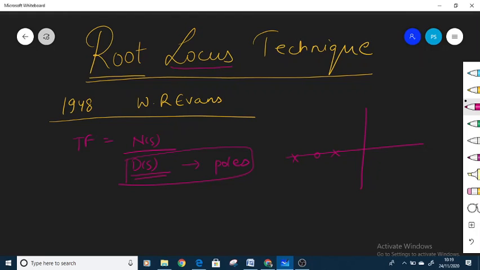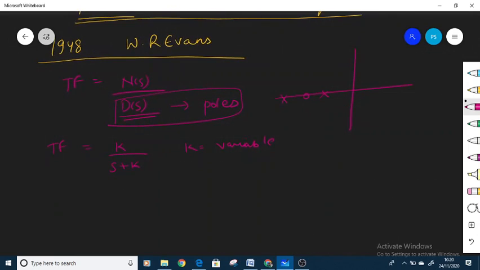So suppose, for example, you have got a transfer function which is represented like k upon s plus k, where this k is actually a variable. So this k I am taking as a variable. Then as we vary the value of k, suppose first of all k is equal to 0, then you can see here the pole is actually s is equal to minus k.